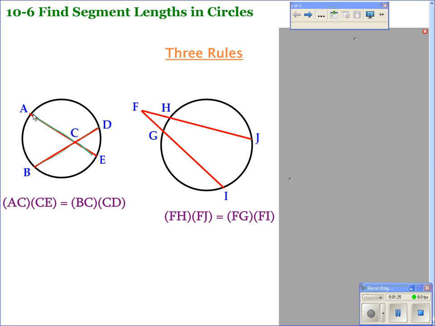So when you have something that's outside the circle, we're going to take that outside piece and multiply it times the entire segment and then do the same thing on the other one and set them equal. So we'll take the outside piece times the entire segment and put an equal sign in between them.